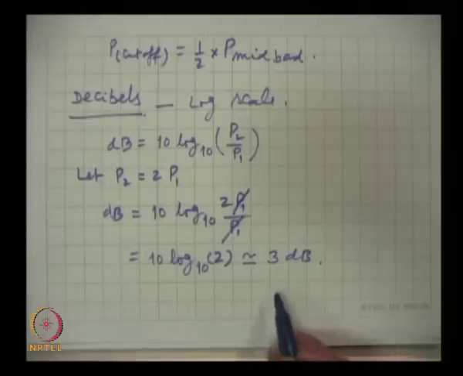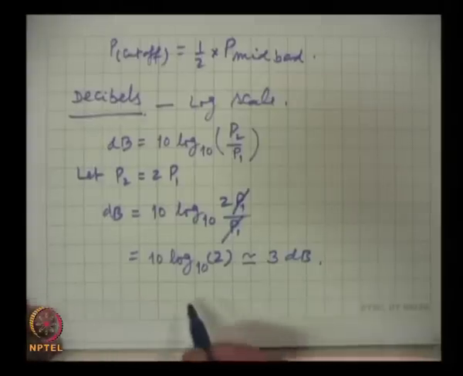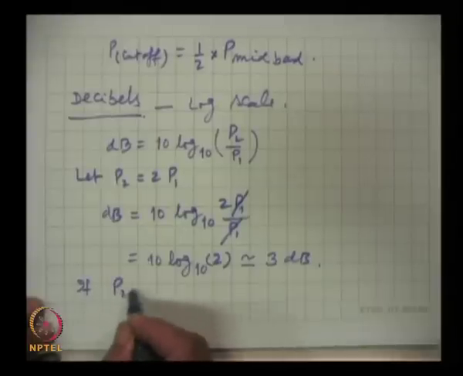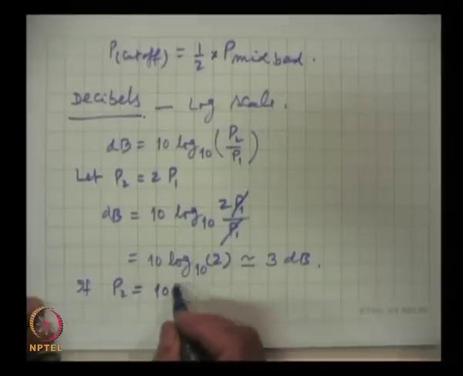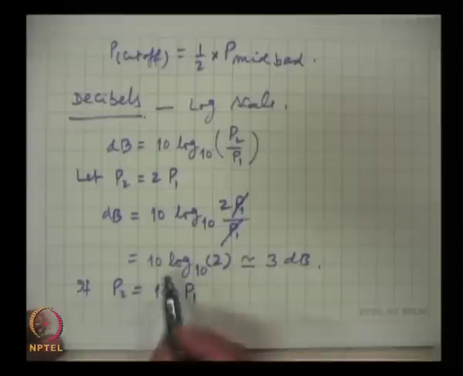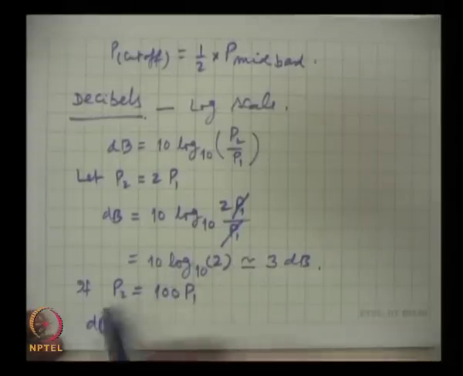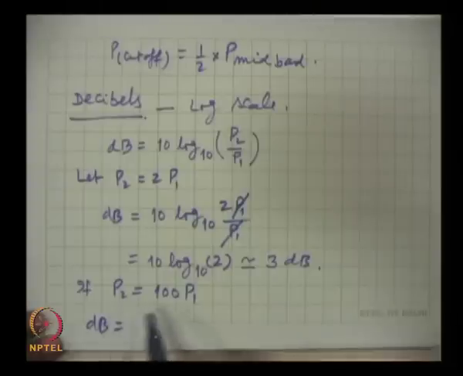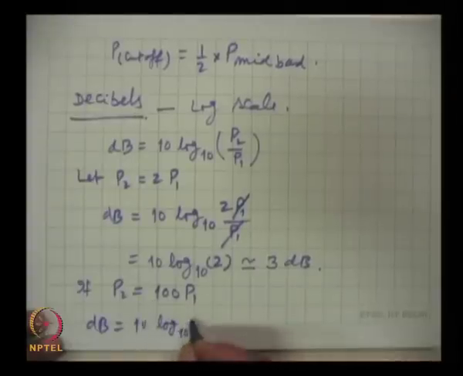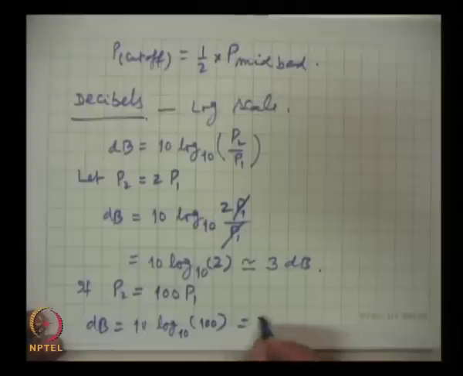and that means there is a 3 dB gain in the amplifier. If P2 is 100 times P1, then, as I said, it is a log scale. So, this will be in dB: saying that output power is 100 times the input power, we may say that in dB it will be 10 log base 10 of 100, and this is 20 dB.